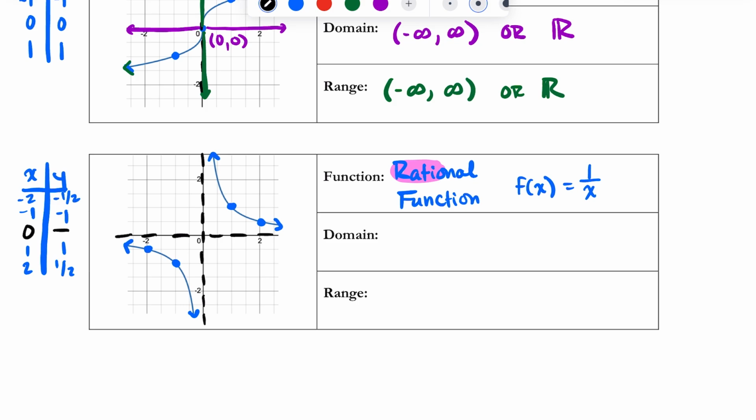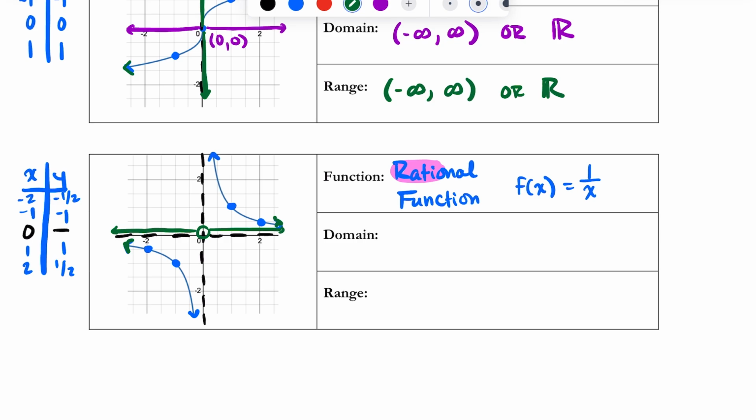So for my domain, if I look at my arrows here, it does look like if I start at 0, 0 like I normally do, I can go all the way to the left because of this left arrow here. And then I can also go all the way to the right because of that right arrow there. But since I can't actually be at 0, it's kind of like I have a hole there.